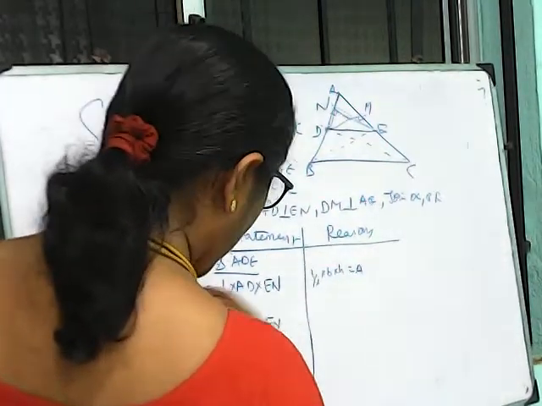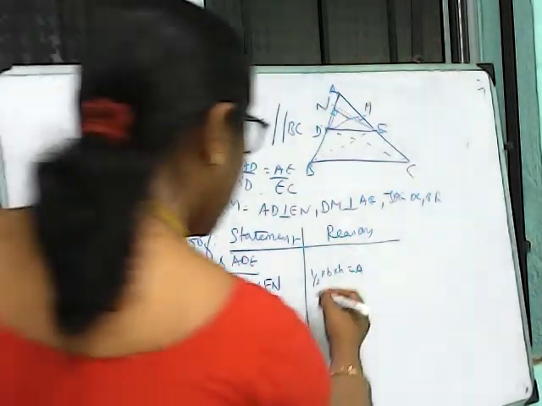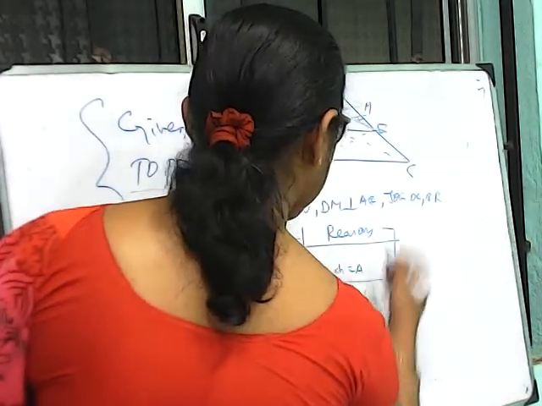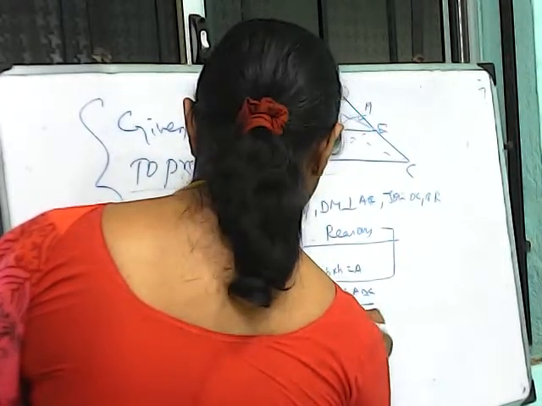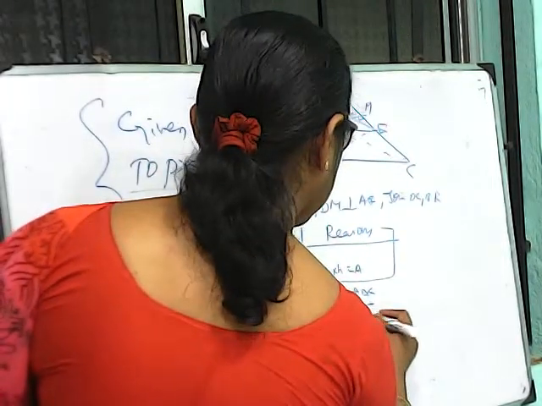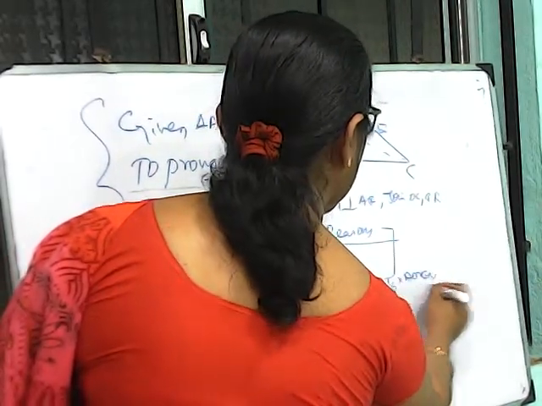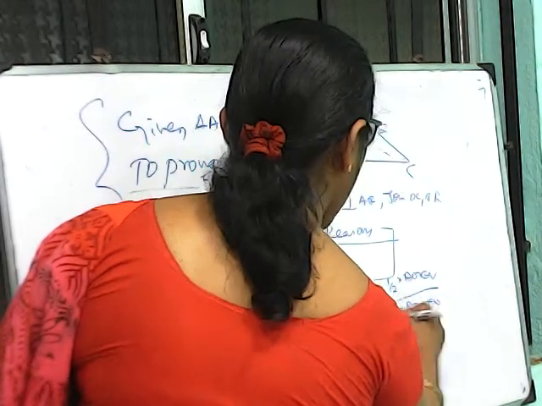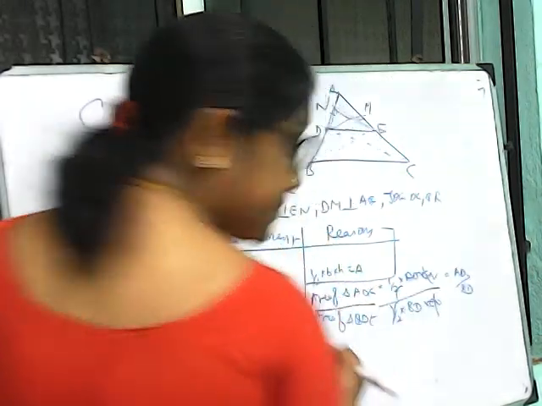Okay, now next what we are going to do is, now we are going to divide all these. Okay, how do we divide? Area of triangle ADE divided by area of triangle BDE is equal to half into AD into EN divided by half into BD into EN. So half of EN will get cancelled. We'll have AD by BD.